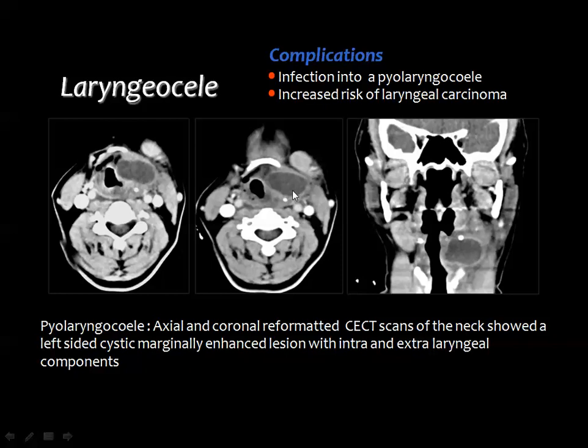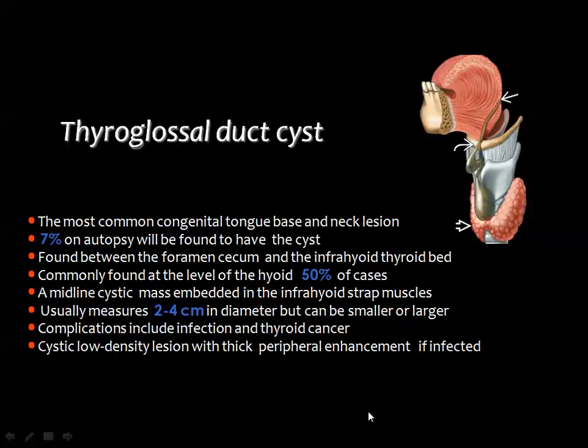And you remember we have three types of laryngocele: the internal one, which is confined to the larynx, the external one, which is outside the laryngeal structures, and the mixed laryngocele, which has an internal component and an external component.